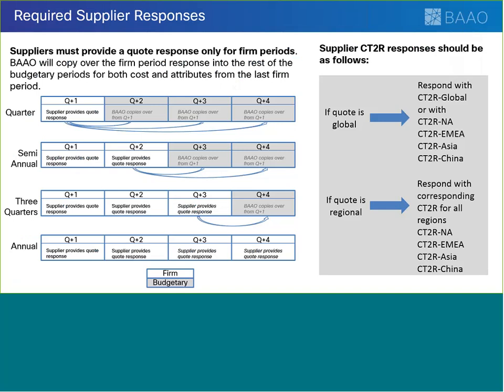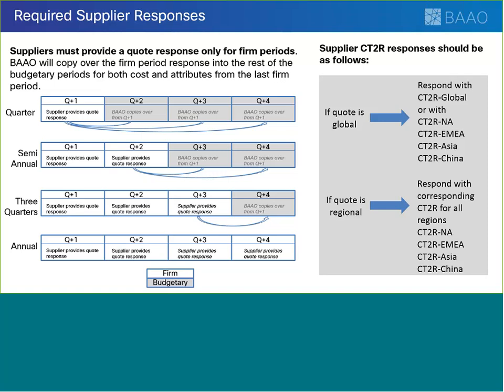For the quote attribute of cycle time to replenish, note that if the site is global, you have the option of either quoting as one global lead time, which is the more common case, or if you have different lead times for different sites in a global quote, you'll then be able to fill out all of the regional locations.